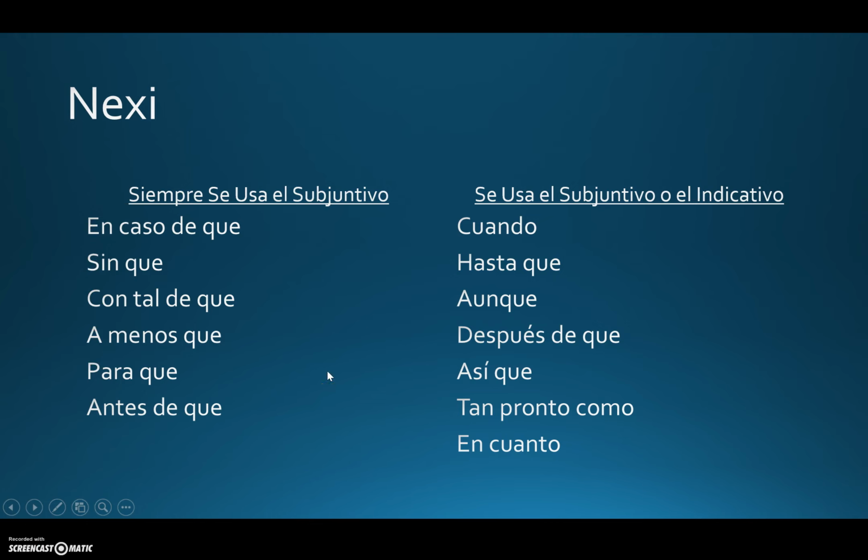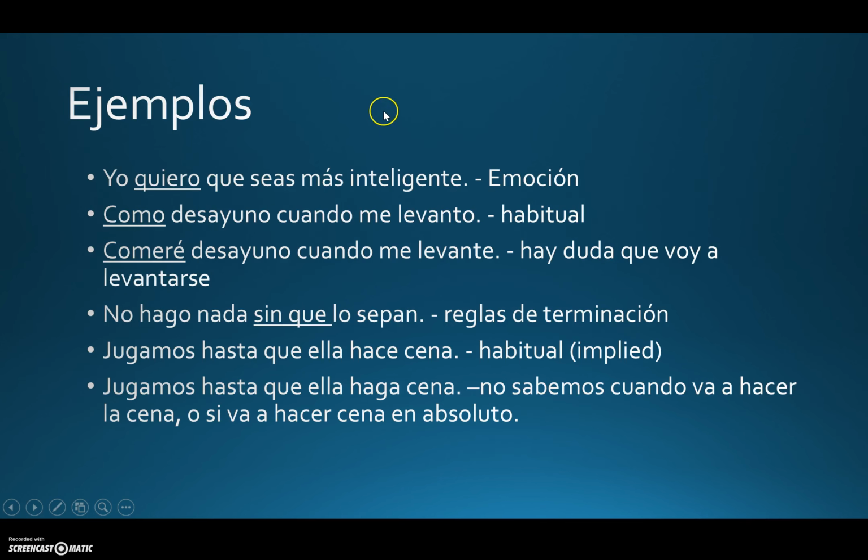And on the other side, cuando, hasta que, aunque, después de que, así que, tan pronto como, y en cuanto, and you can use CHADATE as the way for remembering it. And these are just several of the nexos. There are many more, but these are probably the ones that you're going to use most often.